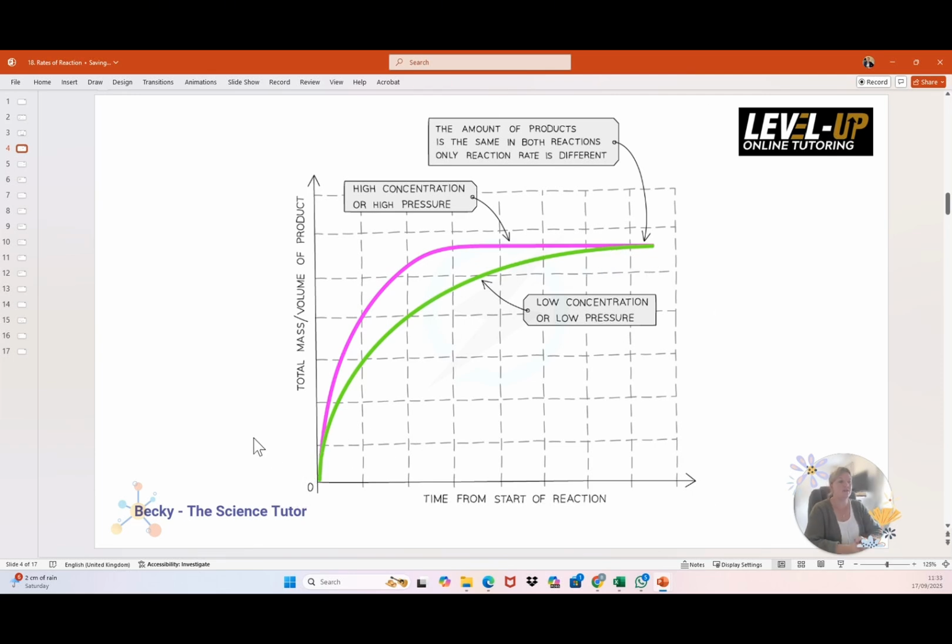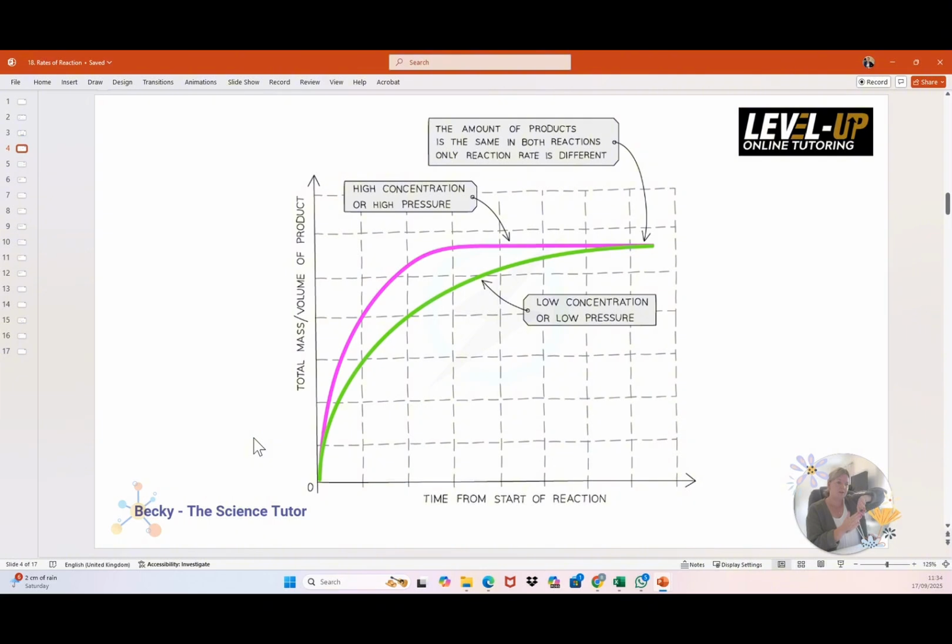So if we look at this one, let's say that that green line was already drawn for you, and the question might say to you, draw a second line on the graph to show the progress of the reaction at a higher concentration or a higher pressure, whatever the context of the question is. Now key things is that we're still going to start at 0, because there is going to be no products at the start of the reaction, because we might not have even introduced those two substances yet. If they don't mix them together, they won't react.